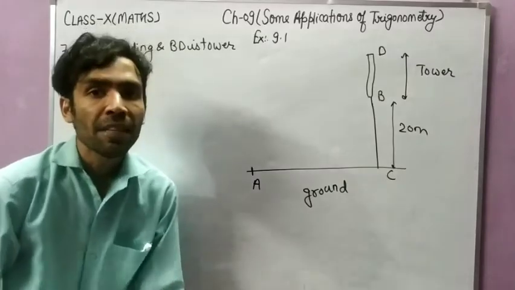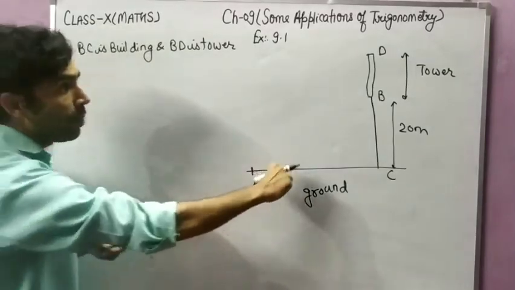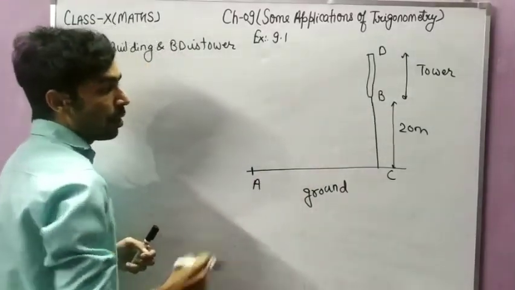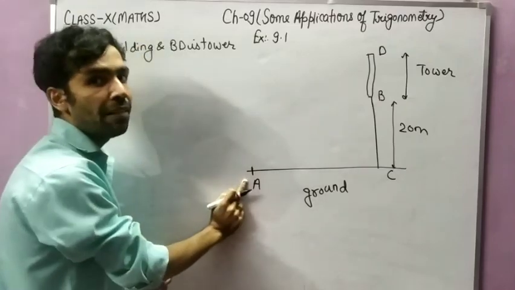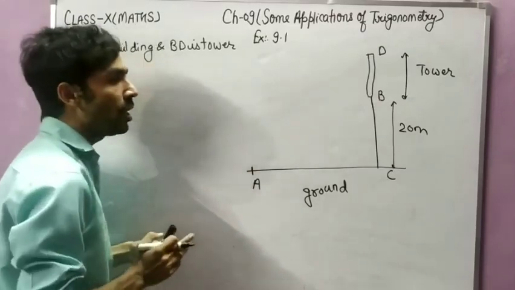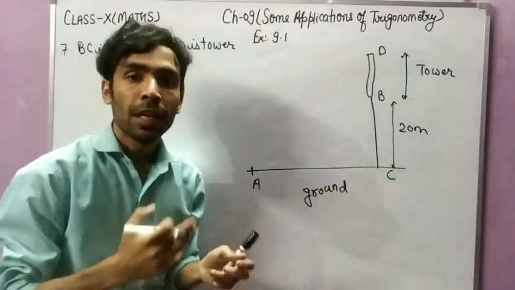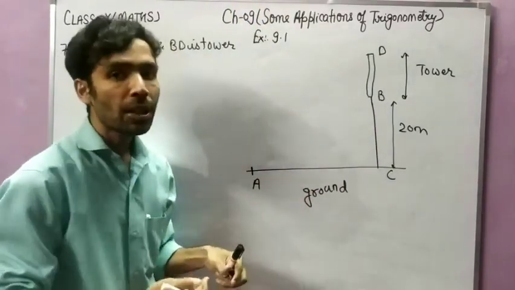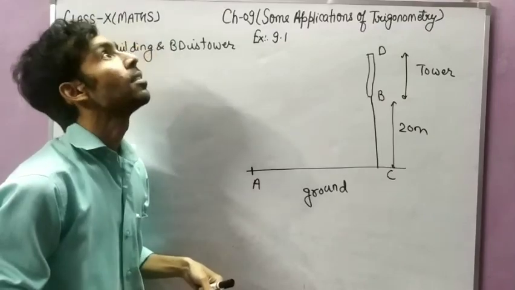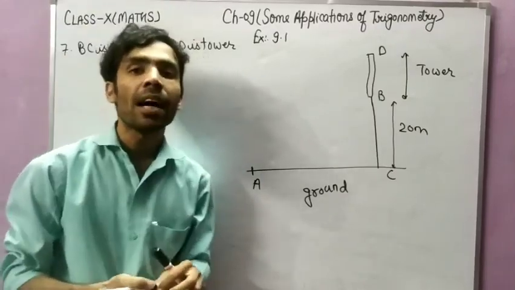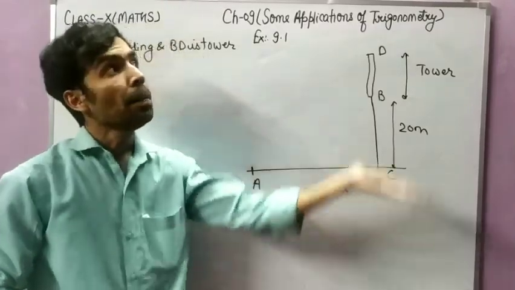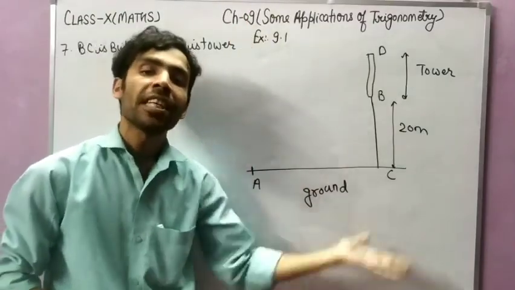So the angle of elevation of the bottom and top of the transmission tower from the point A is 45 degree and 60 degree. See student, whenever we raise our eyes upward, suppose I am raising my eyes like this, the angle of elevation increases.